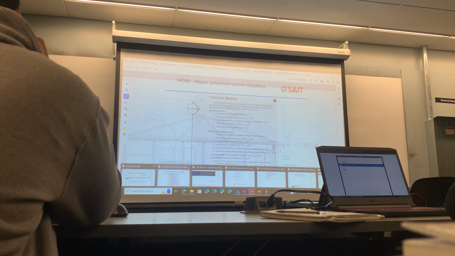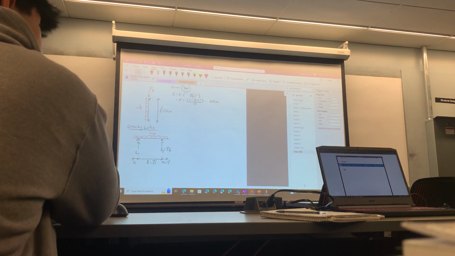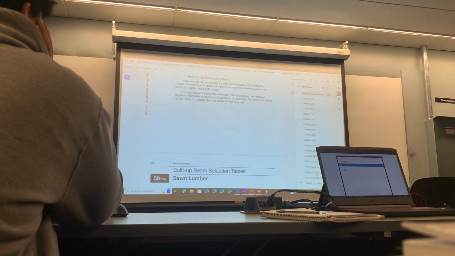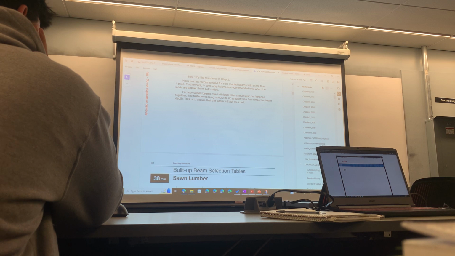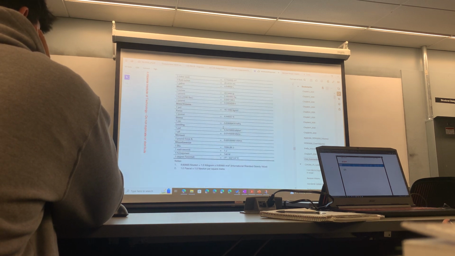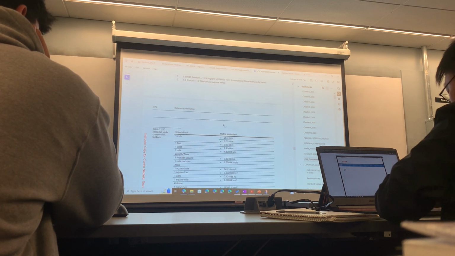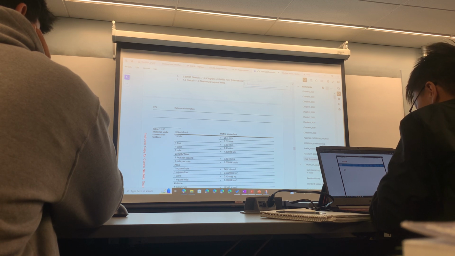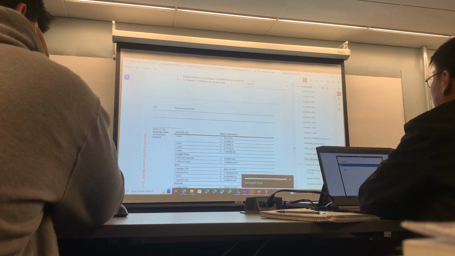Okay, in the wood design manual, I think I've got to add this to your excerpts. Under chapter 11, it's at the back.